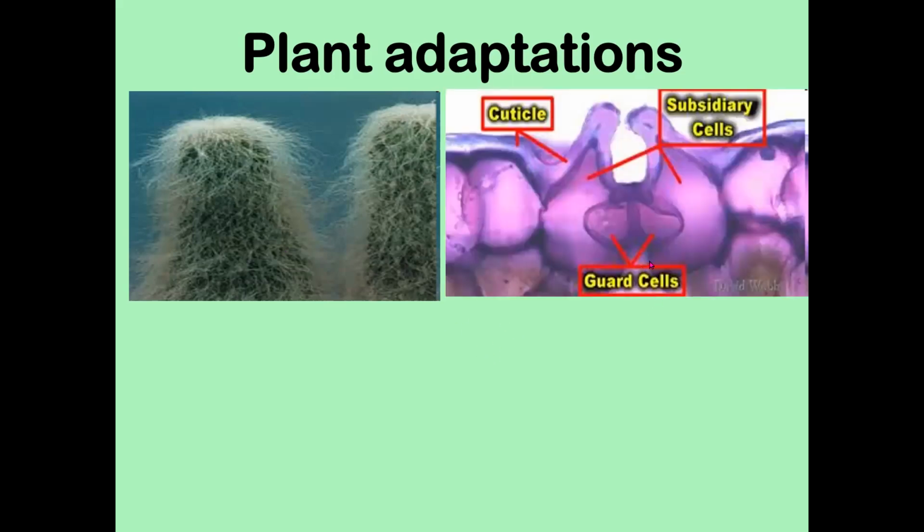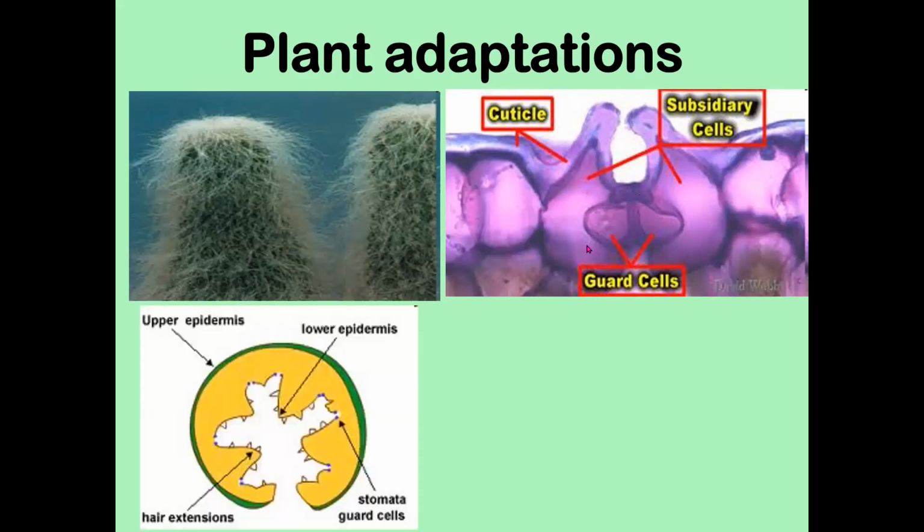Here are sunken stomata. So there's a cuticle, and there are the guard cells, and water exchanges through here. So it's a little bit of a gap there to get the carbon dioxide in. It will flow in anywhere, and the oxygen will flow out, but it minimizes water flow.